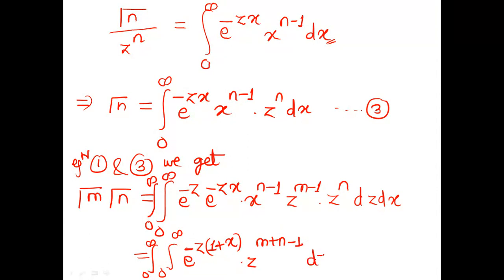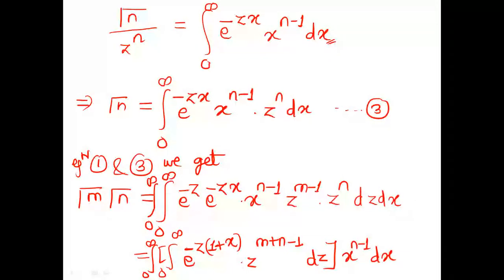So here we write these terms for first z, and then the terms of x. What is left is only x raised to power n minus 1, integration with respect to x.